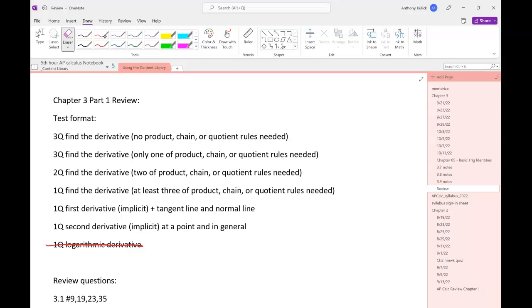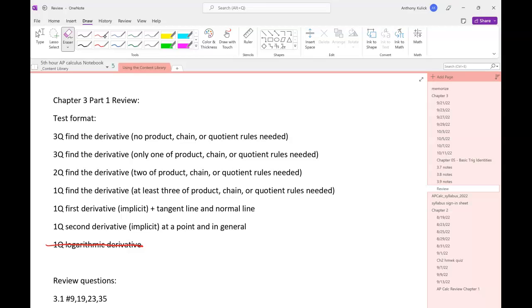I have 2 questions where I ask you to find the derivative, and you need to use 2 of product, chain, quotient. And then 1 question where it has at least 3 product, chain, quotient. When I say 2 or at least 3, it means 2 could be 2 products, and 3 could be 3 product rules, like three things multiplied by each other.